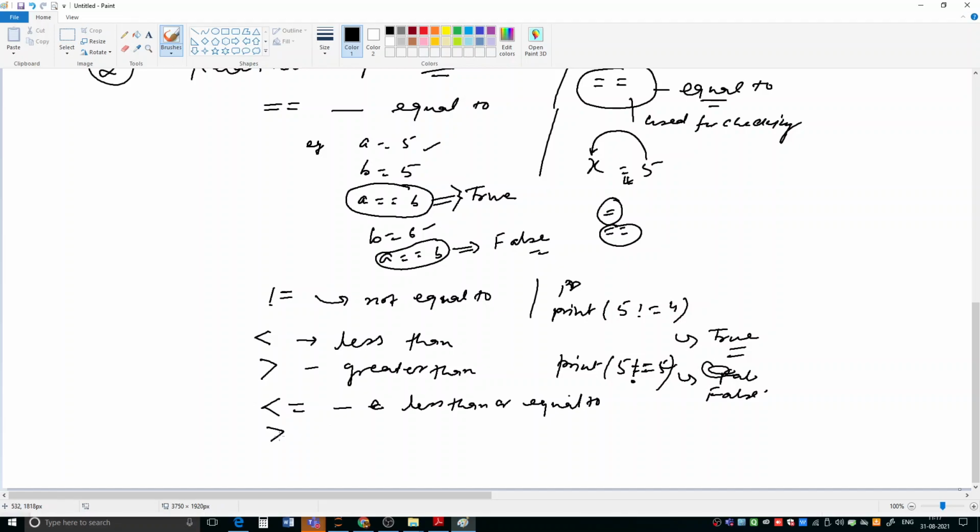Then we have greater than or equal to. All of them have their usual meaning. Let us check them quickly.